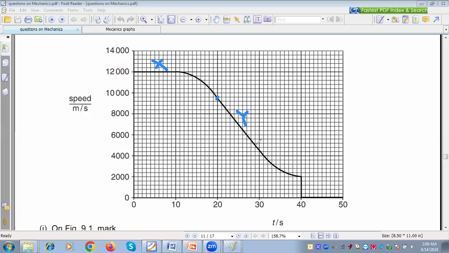This region here is non-uniform deceleration, Z. This is also non-uniform. Any of them can be marked. So these two regions are non-uniform, and one region is where 12,000 meters per second was the constant speed.